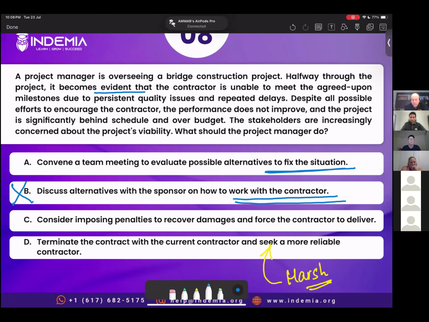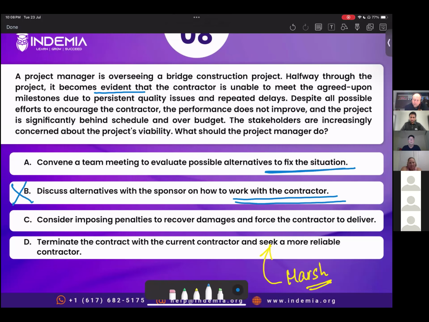So it's clear this contractor won't be able to meet the deadlines or achieve the milestones. And next, despite all possible efforts to encourage the contractor, the performance does not improve and the project is significantly behind schedule and over budget.